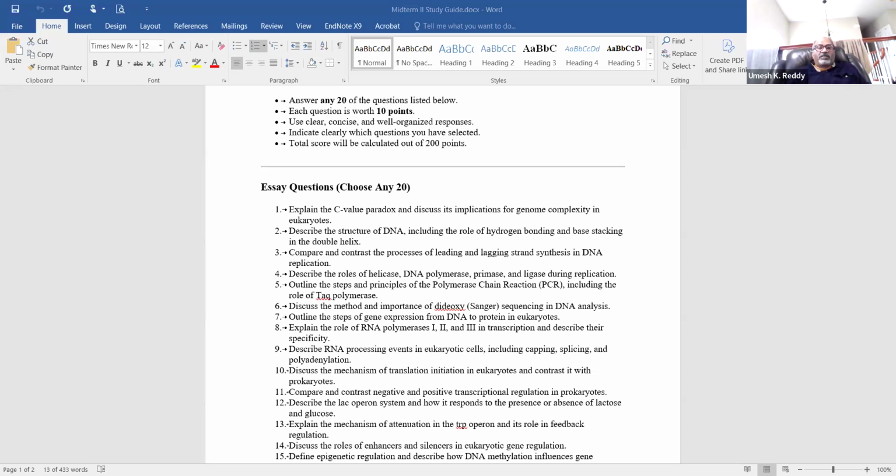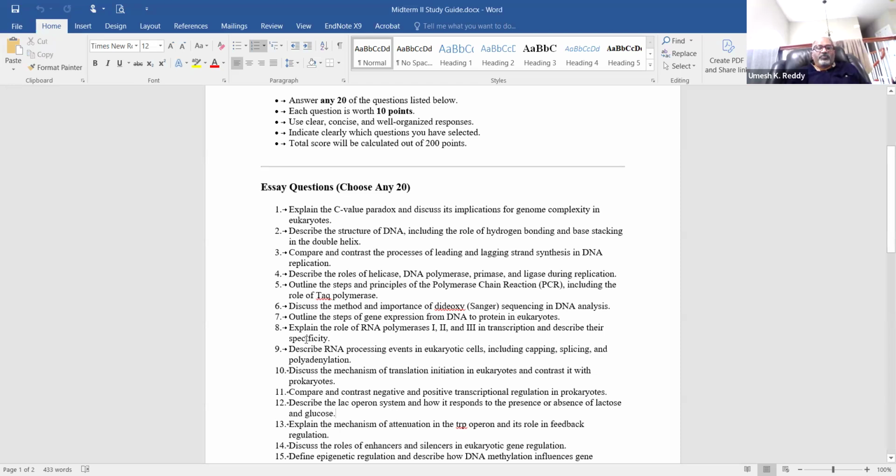Post-translational modifications happen: protein folding, chemical modifications, and then transport to the functional location. Chaperone proteins will of course help fold those proteins. So that is what you need to discuss for the outline of gene expression from DNA to protein.